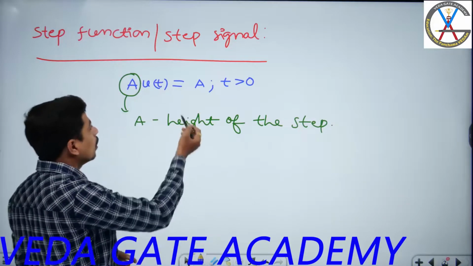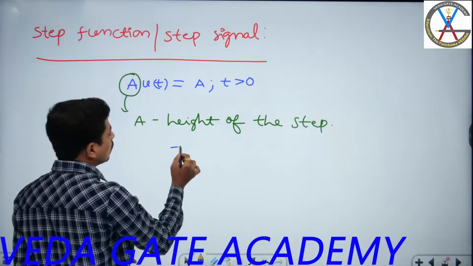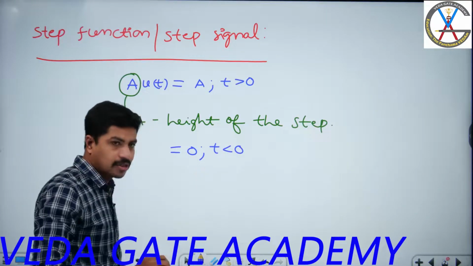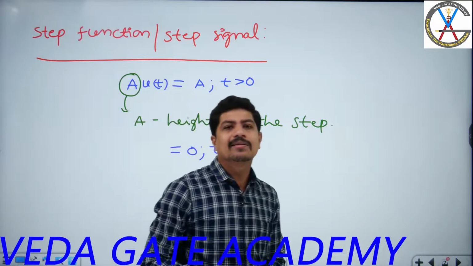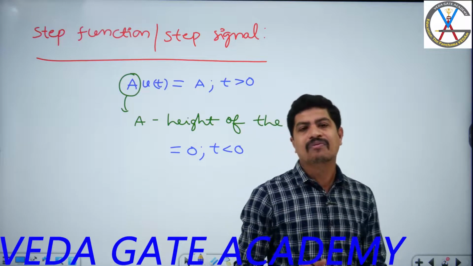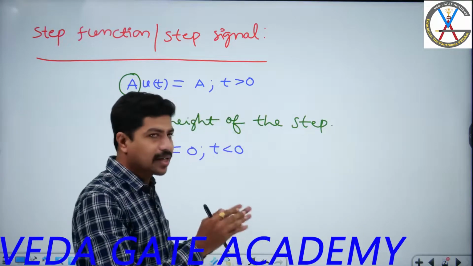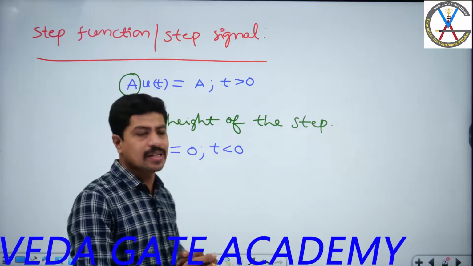It is 1, for t greater than 0, and equal to 0 for t less than 0. Means I can say the step signal will exist after t is equal to 0, or it will start at t is equal to 0. Before t is equal to 0, it is 0.